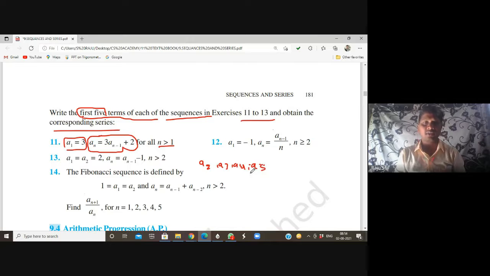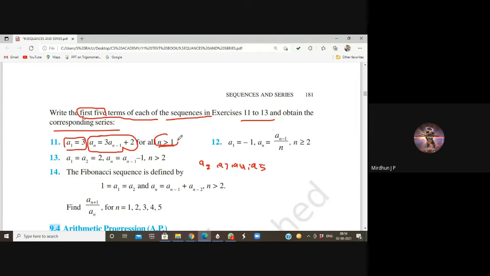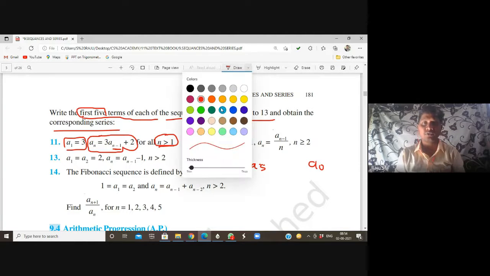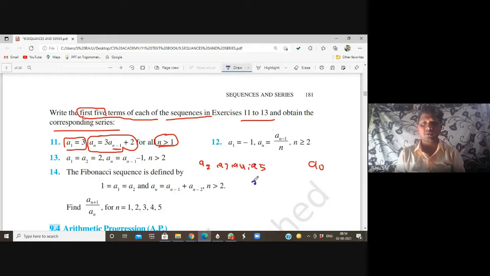For finding this, what shall we do? To get A2, what n value do we need to substitute here? Clearly the condition is given: n greater than 1. You should not substitute n is equal to 1, because we are going to get A(1 minus 1), A naught. What is the value of A naught? They have not given that. So substitute n is equal to 2.